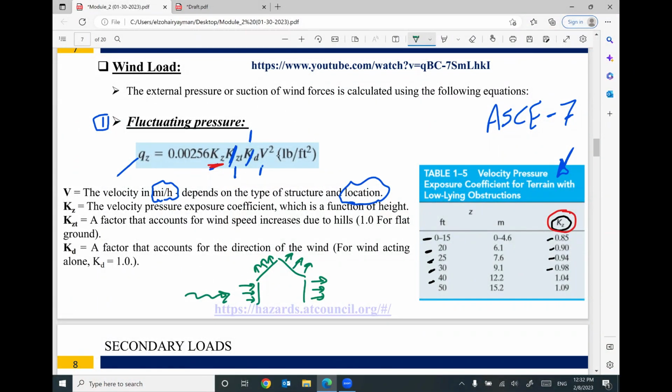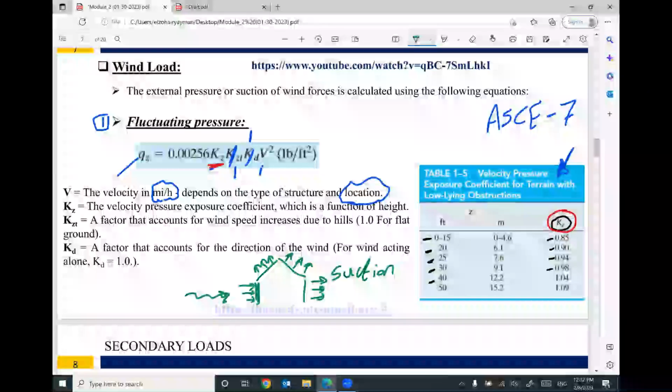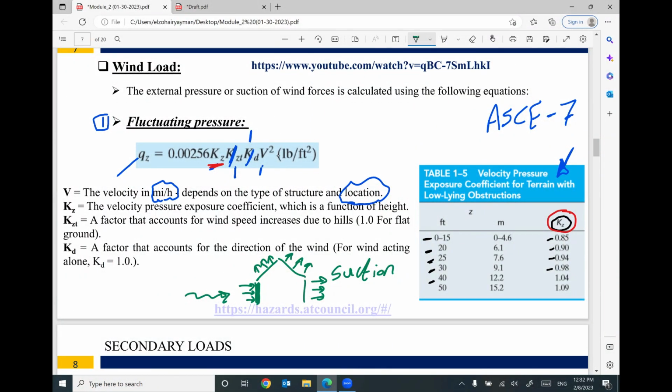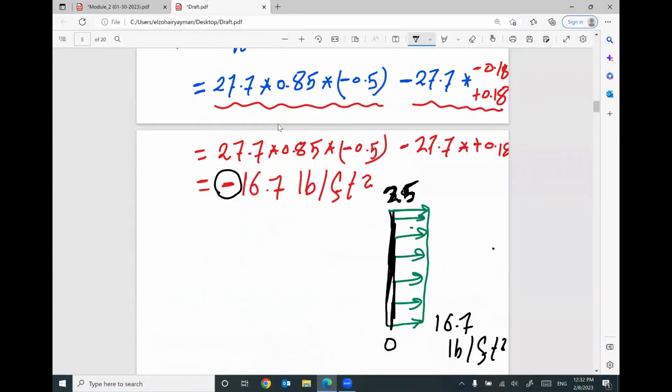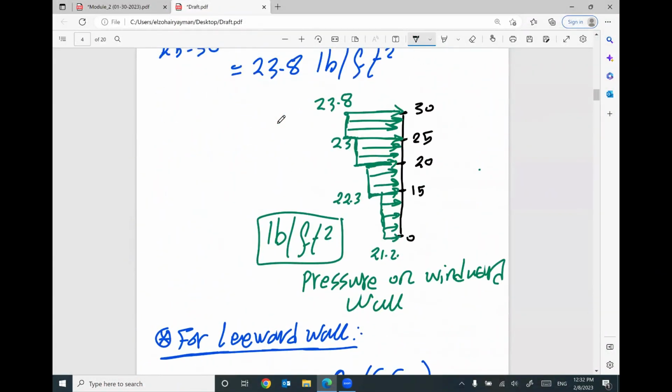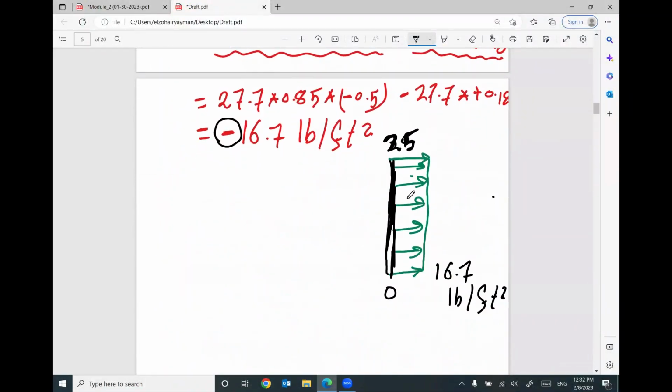Any other side of the building, we will have suction. From the side of pressure, which is called windward, the pressure will not be constant. The pressure will be variable based on the elevation. Any other side, the suction of wind will be constant.